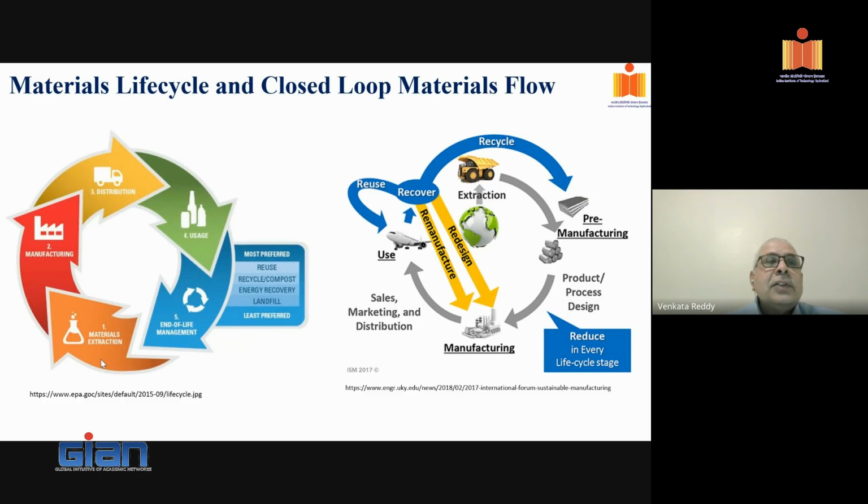Now, if you see the materials life cycle or closed loop materials flow, they will be moving from the materials extraction, you can clearly see here, and then manufacture, distribution, usage, and end of life management. Okay, but here the most preferred and least preferred, which side you shall landfill as minimum as possible, you shall reuse as maximum as possible.